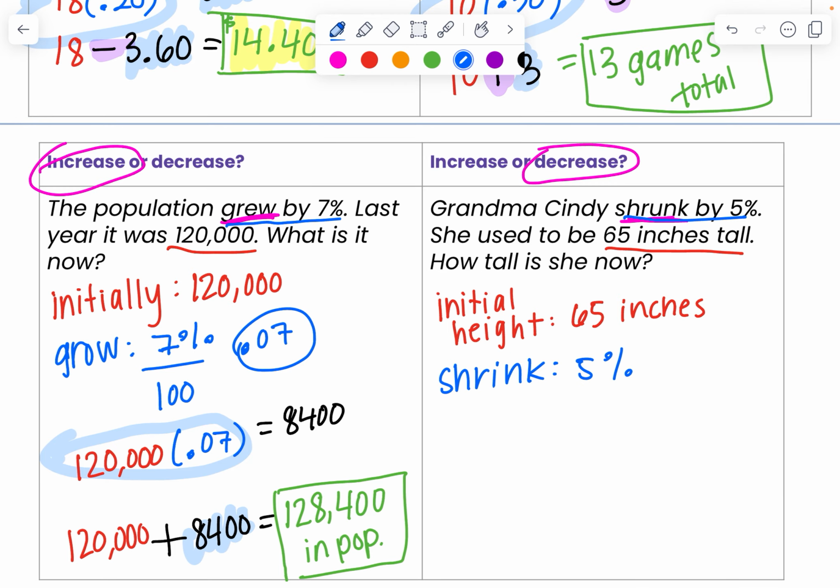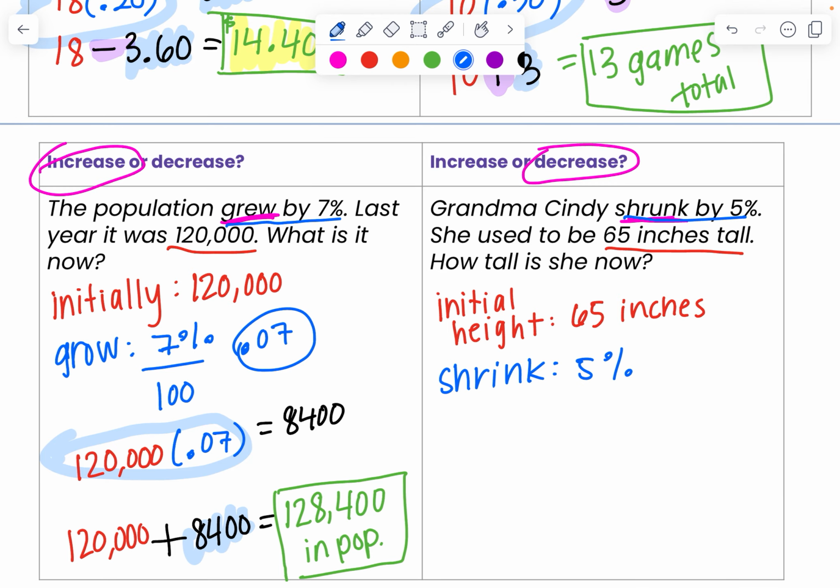Then I'm going to take my initial amount, which is 65 inches. I'm going to multiply by my decimal equivalent, 0.05. And when I do that, I end up finding the number 3.25.